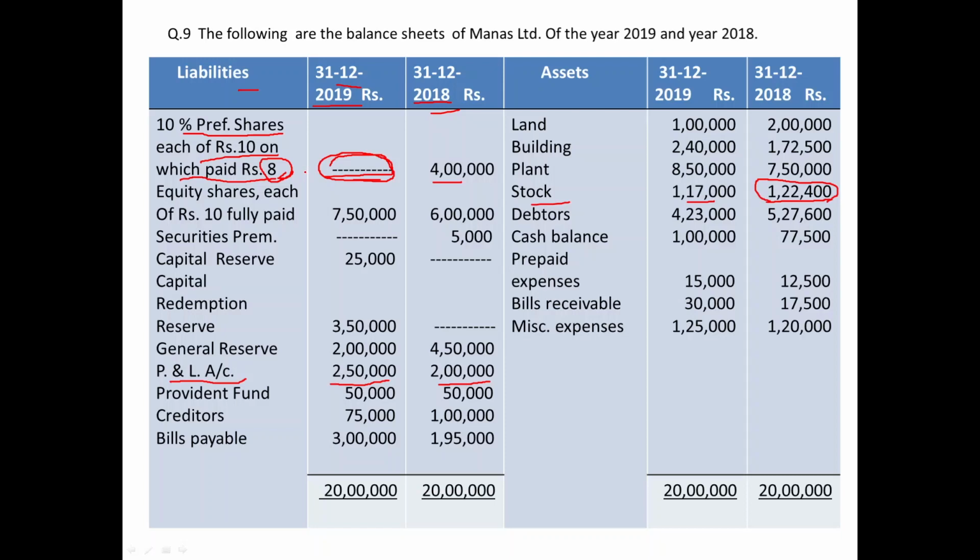So the provisions of the Companies Act, one has to follow at the time of redemption of preference share capital. Over here it was partly paid up share capital. So first of all you need to convert it into fully paid up share capital by demanding a call of rupees 2, and then the process of redemption should be completed. Let us prepare a working note for the RPS redemption.